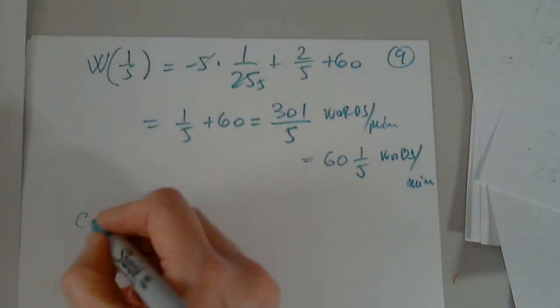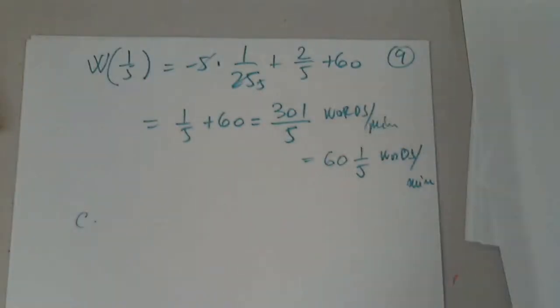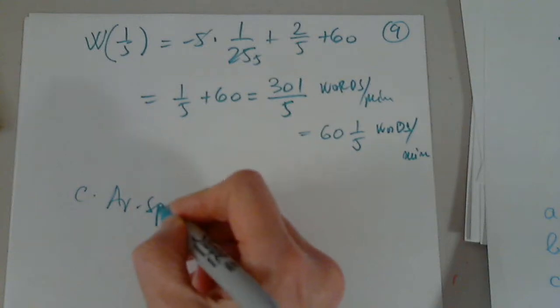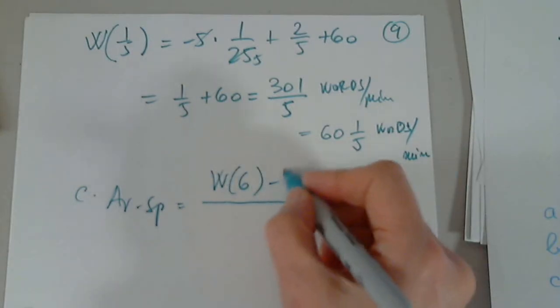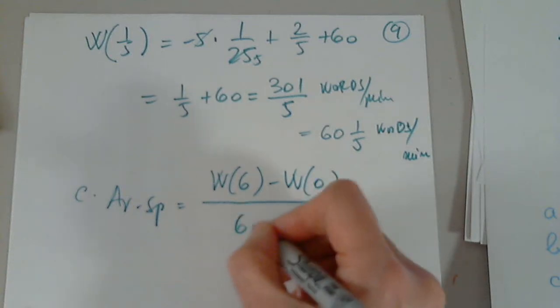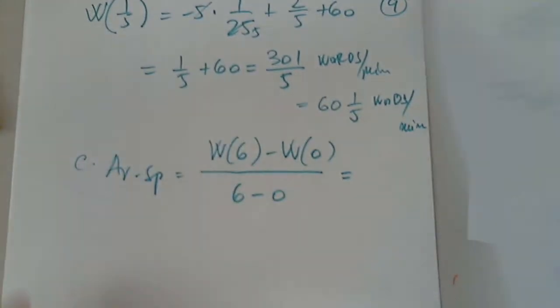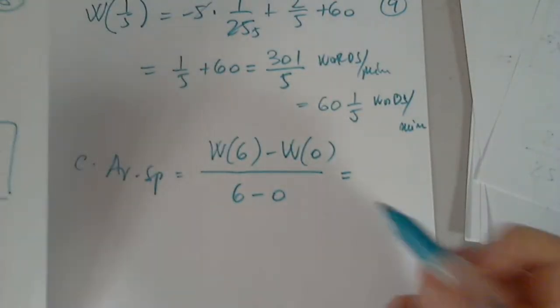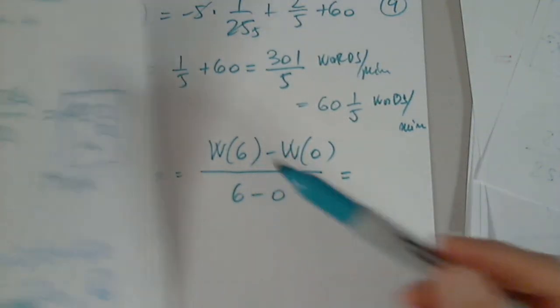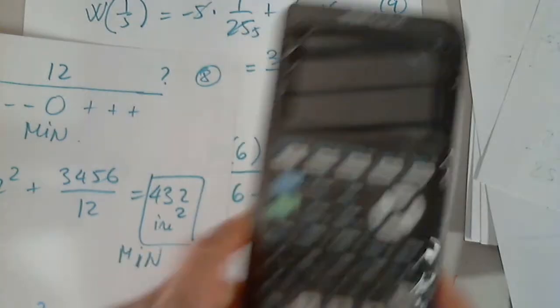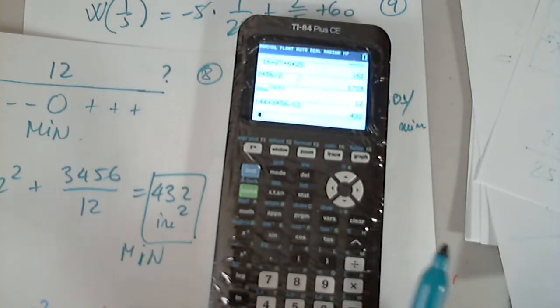And what was the average speed? Good. In part C, the average speed is W at 6 minus W at 0, over 6 minus 0. W at 0 I have, it is 60. I don't have W at 6. That's negative 5 times 36 plus 12 plus 60.